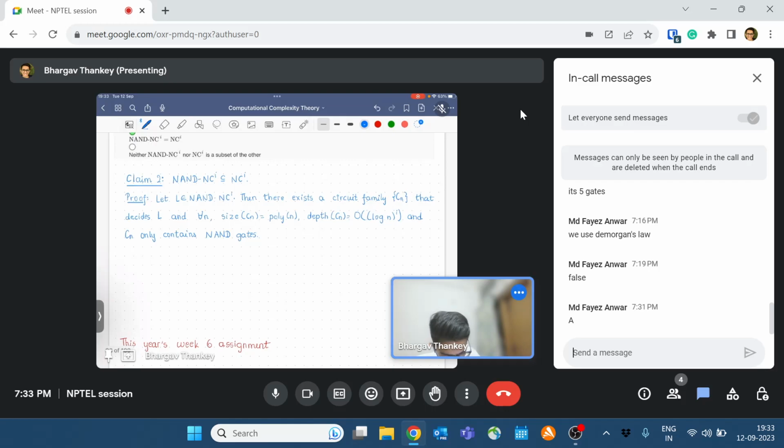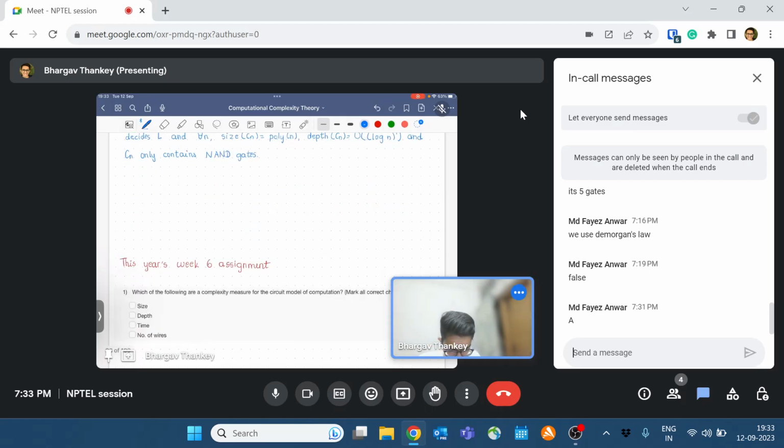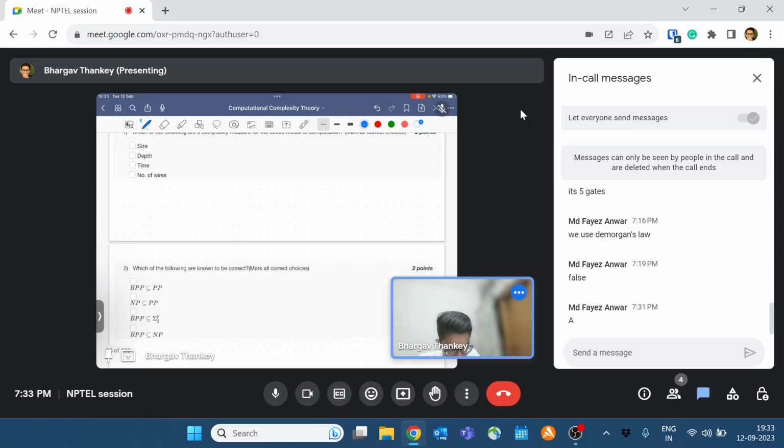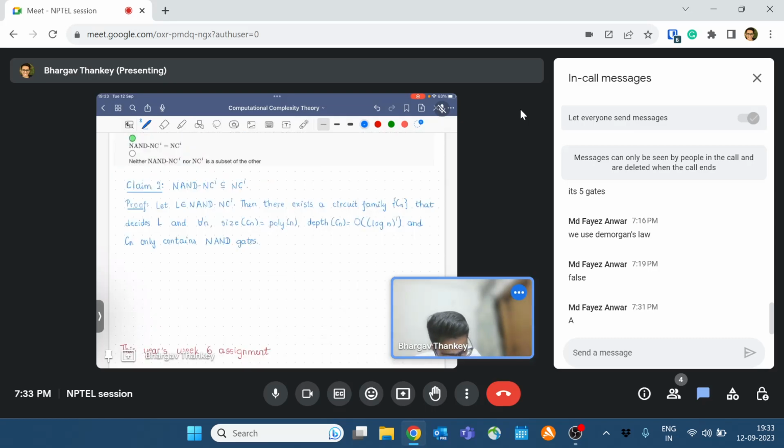Now we can replace each NAND gate with a NOT gate and an AND gate, right?